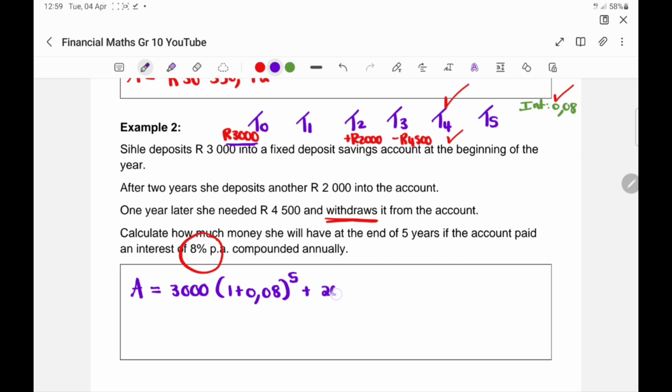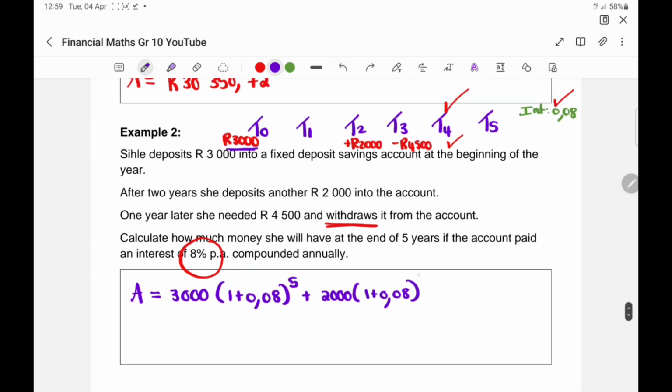Then we add 2,000 Rand, 1 plus 0.08, also at 8%. And how many bunny hops? 1, 2, 3 bunny hops. And then we subtracted, so very important, withdrew 4,500 Rand.